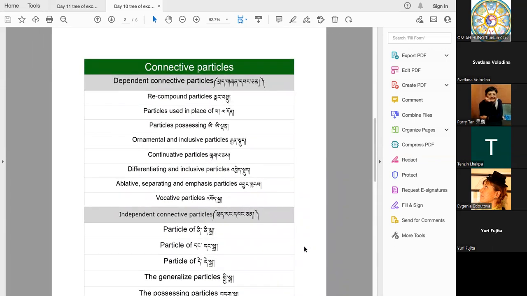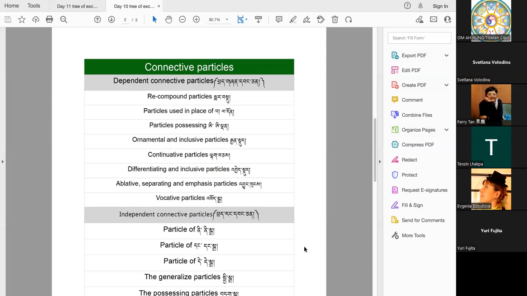So there are 8 dependent connective particles, and these 8 are: recompound particles, particles used in place of la, particles possessing e, which is the first vowel, ide, ornamental and inclusive particle, kendu, continuative particle, takche, differentiating and inclusive particles, shedu, ablative, separating and emphasis particles, chungkung.